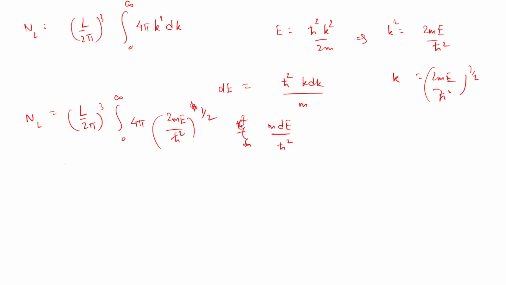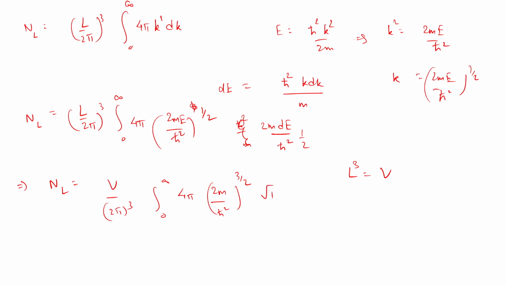So what we have now is, L cube we can write as V, volume. So we have V over 2 pi whole cube, 0 to infinity, 4 pi, 2m over h bar square to the power 3 over 2, and square root E dE.